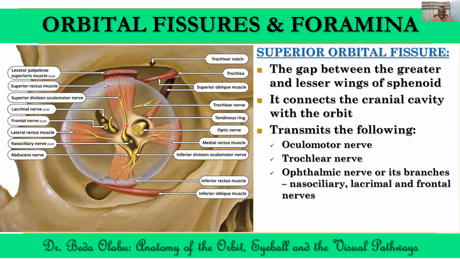So the various branches of the ophthalmic nerve, nasociliary nerve, lacrimal nerve, and frontal nerves will pass through the superior orbital fissure. The sixth cranial nerve is the abducens nerve, which also passes through here. And lastly, we have the ophthalmic veins. There are two, superior and inferior ophthalmic veins. They pass through here.